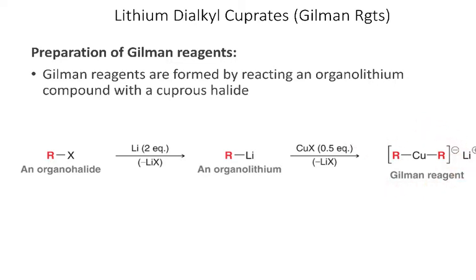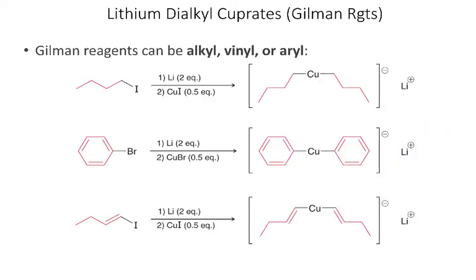So we have 2 R groups attached to the copper, and then we also have the lithium present. Gilman reagents can be alkyl, they can be aryl, attached to benzene rings, or they can be vinyl, where they're actually attached via the sp2 hybridized carbon in these alkenes.